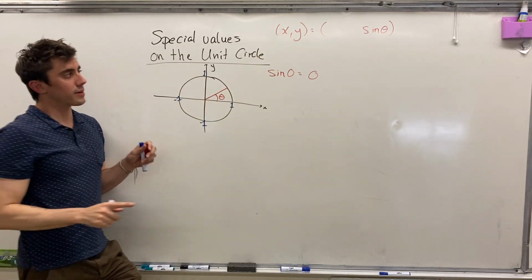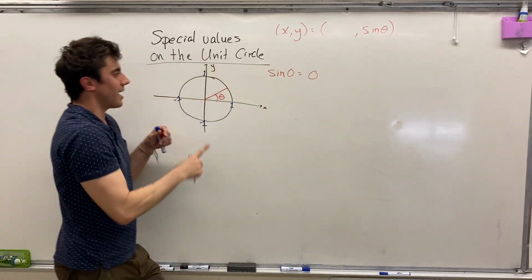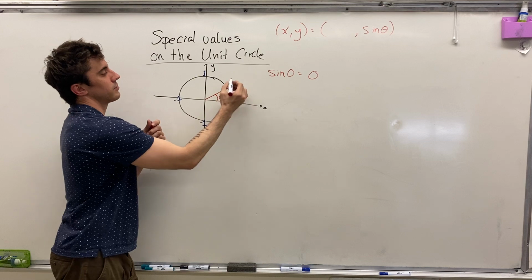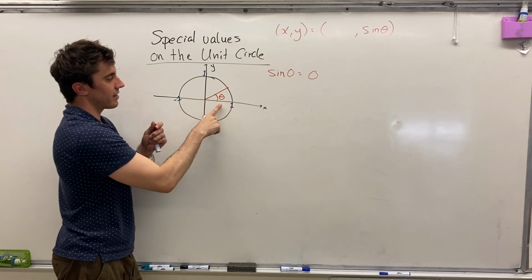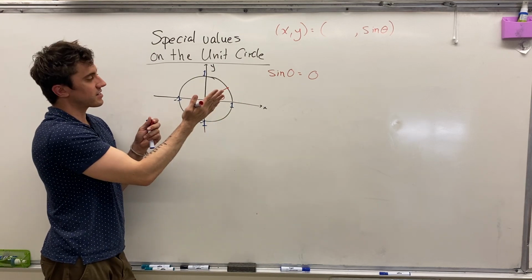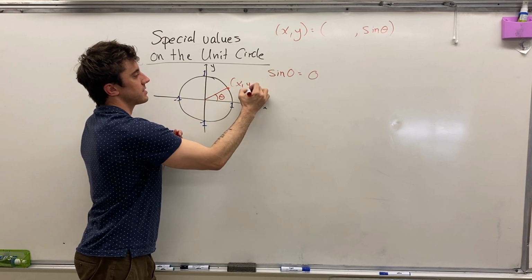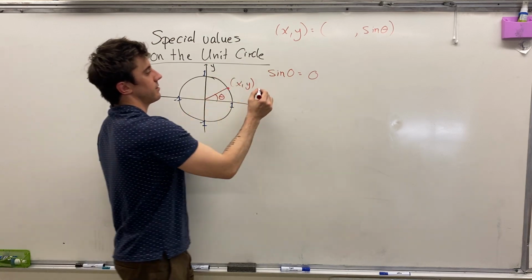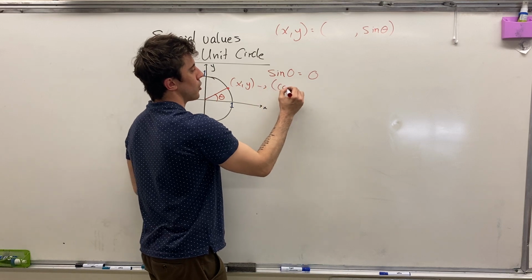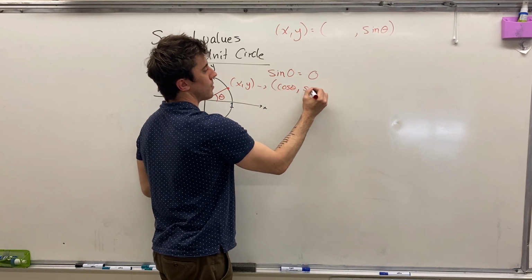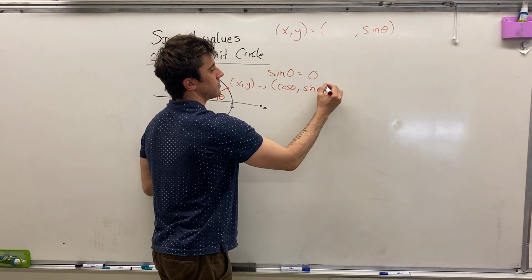So always remembering that whenever we look at points on the unit circle in relation to the angle theta that is measured from the positive x-axis, the coordinates at any point P on the unit circle, let's say x comma y, can be mapped to cos of theta, comma sine of theta, okay?